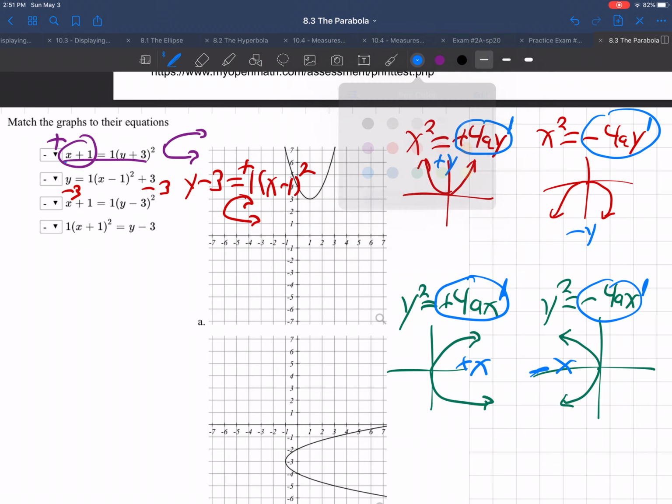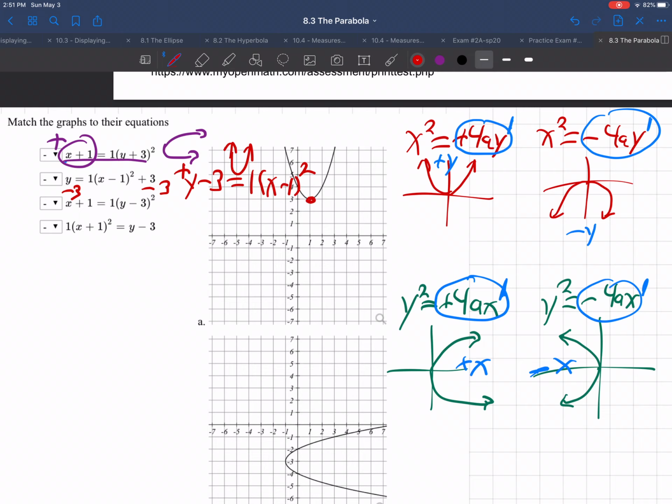And now the next two, this third one is going in the, oh, I'm sorry, what am I doing? That's not correct at all. You're supposed to look at the first power letter side, and I just did the second. So we're supposed to come over here and say positive y. This one is going up. In fact, that's this graph right here.